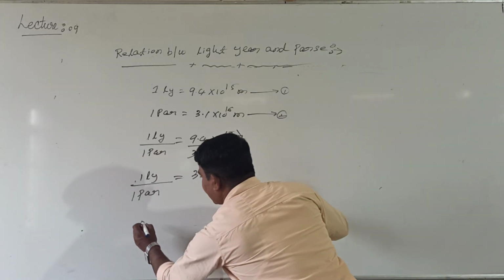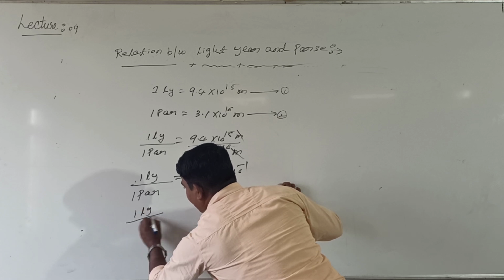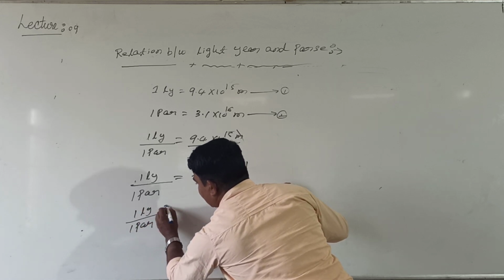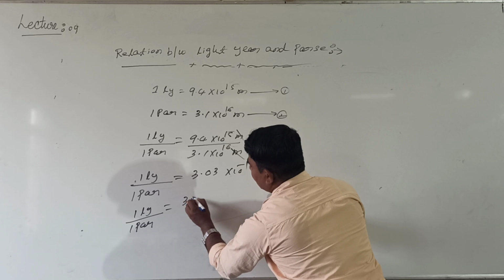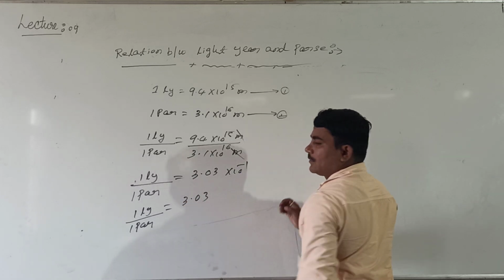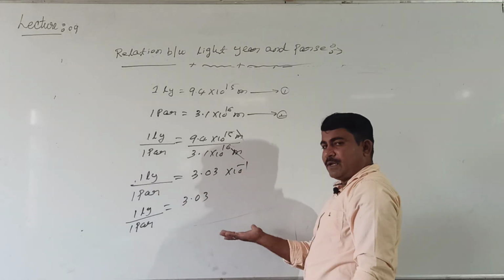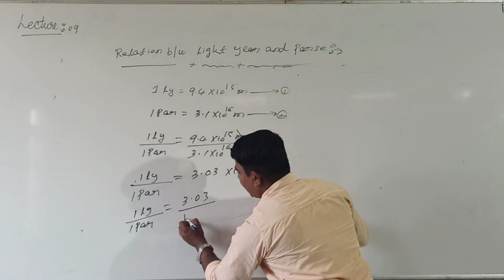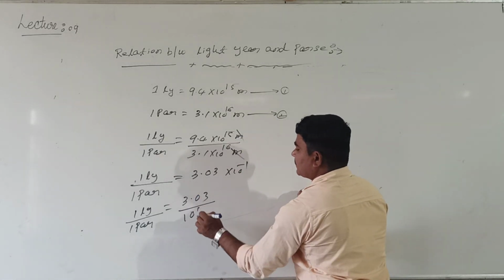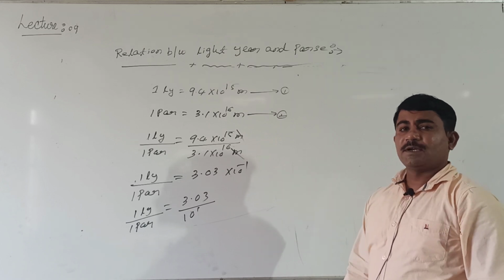Shall I do one more step here? 1 light year divided by 1 parsec equals 3.03, 10 raised to minus 1 brought to the bottom side. How does it become? 10 raised to plus 1. Right or wrong?